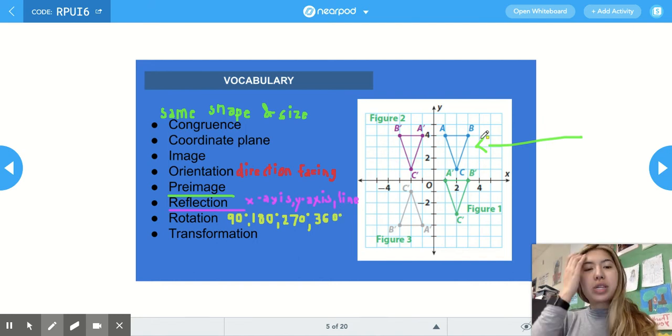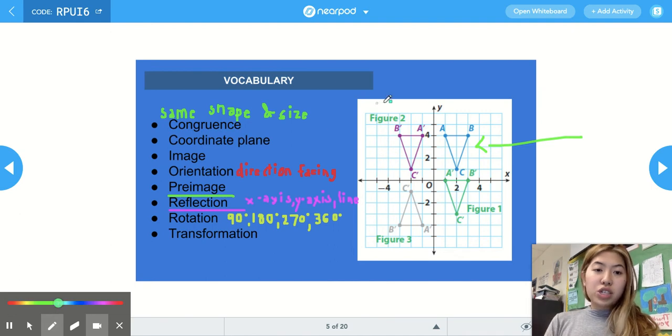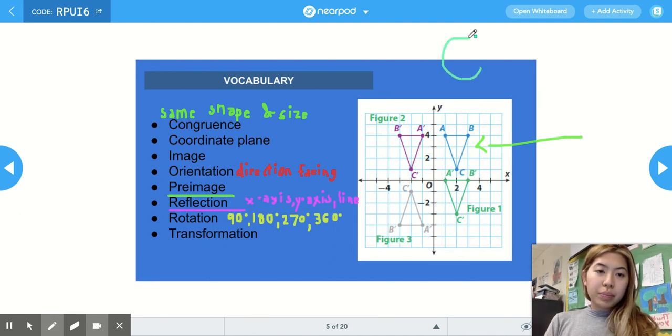So if this was our original shape, it's our pre-image. If it were to go counterclockwise, it would go the opposite way that a clock goes. And so that's from right to left.